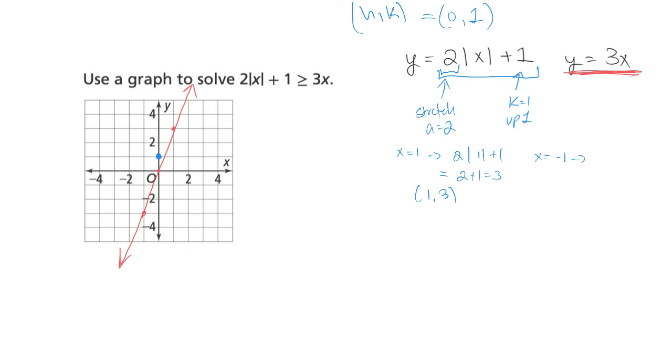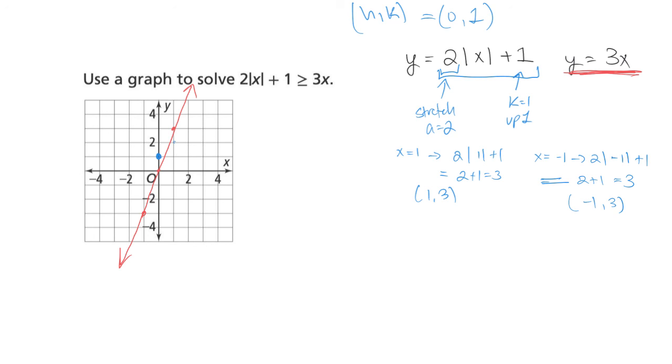We get 2 times the absolute value of -1 plus 1. It's almost like a reflection over the axis of symmetry. So 2 times the absolute value of -1 is 2, plus 1 equals 3. So -1, 3. You know it should make a V shape.